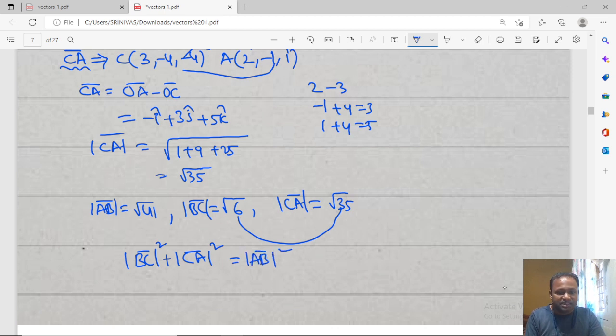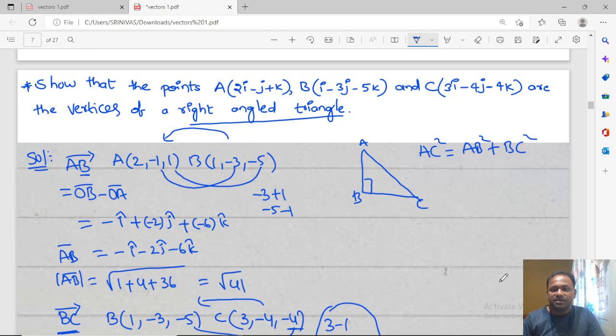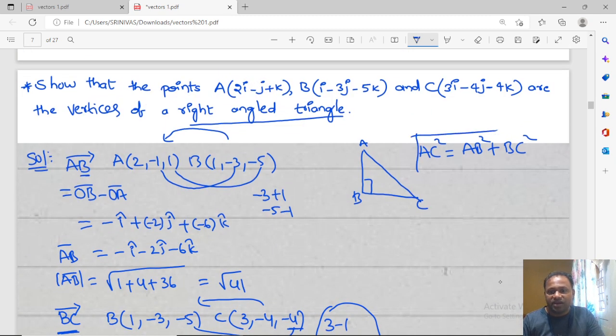Check it. Square means 6 plus square means 35 is equal to square means 41. So 6 plus 35 is equal to 41. Pythagoras theorem satisfied. See this, Pythagoras theorem satisfied. Hence we can say that the given points A, B, C form a right angled triangle.